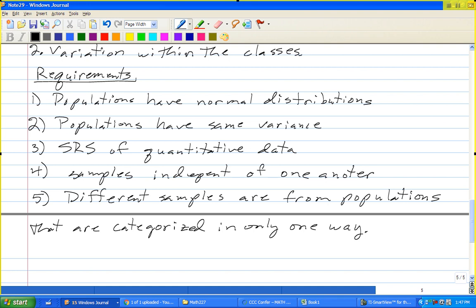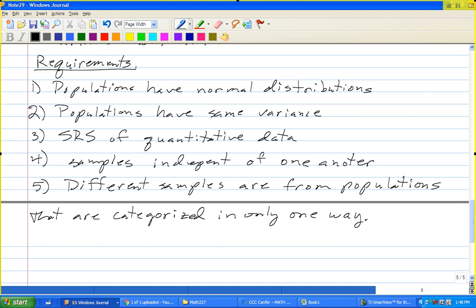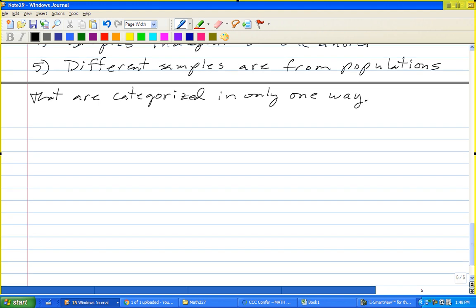Okay, so let's recall a few things from chapter 8 and see that this is actually very similar to what we did. In chapter 8, we were looking at whether two means were equal, or if they were not equal.